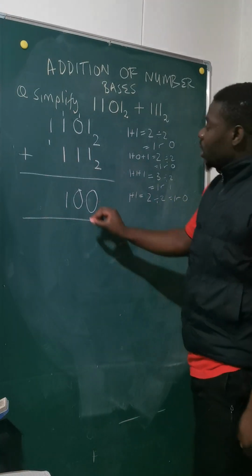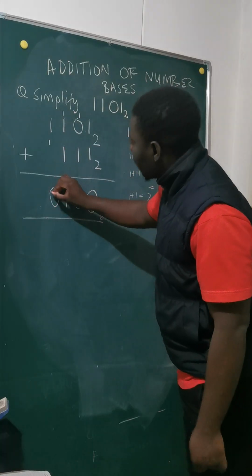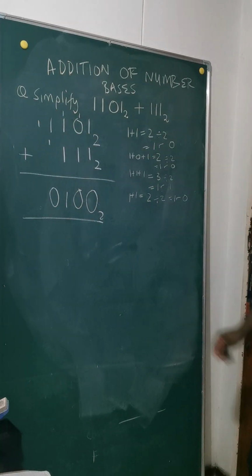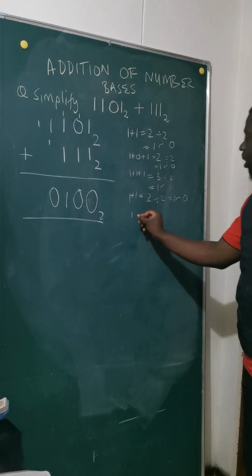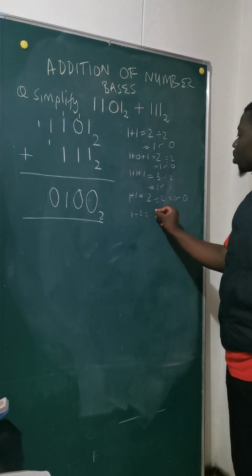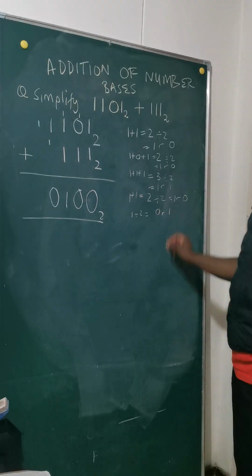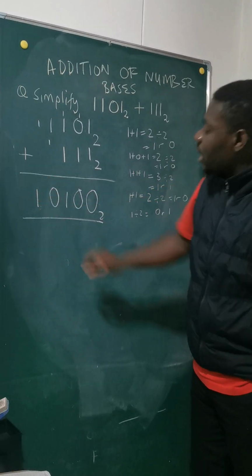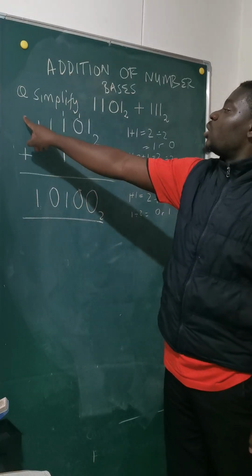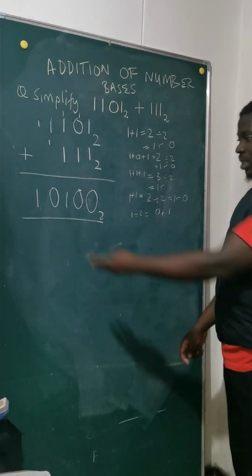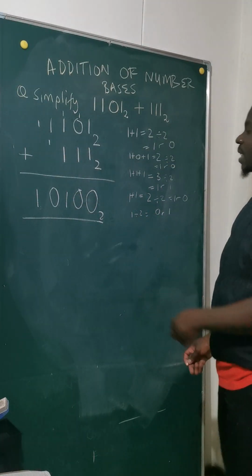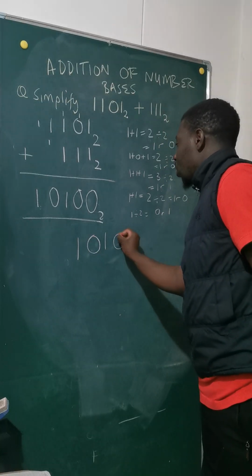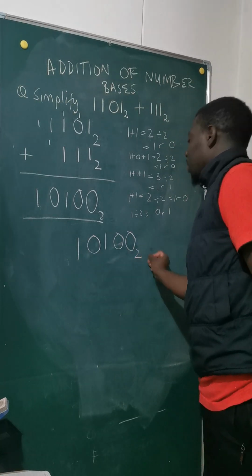So we write the remainder here, 0, and we carry 1, right? Then now we are remaining with 1. Divide by 2, which is equal to 0, remainder 1. Because there is a remainder 1, we write the remainder here. And there is 0, so there is nothing to write here. So our answer is now 10100 in base 2.